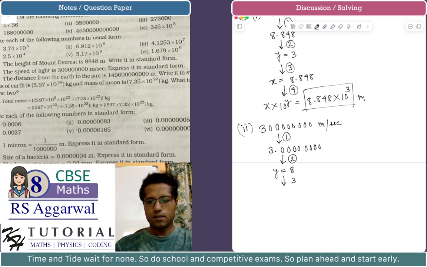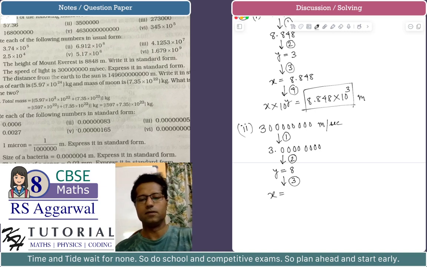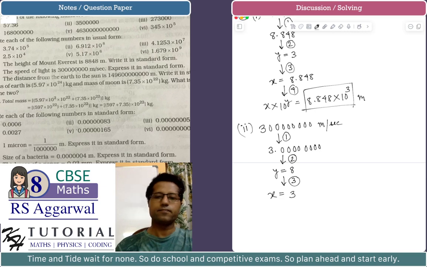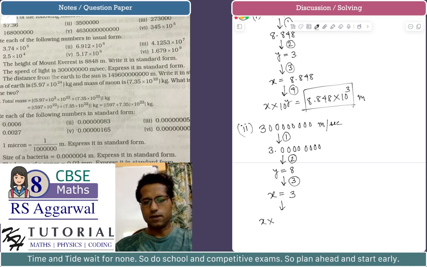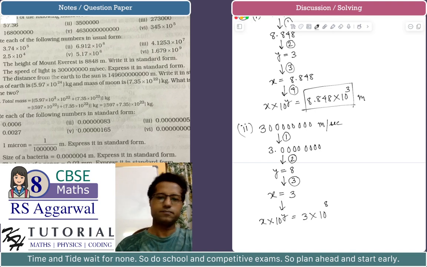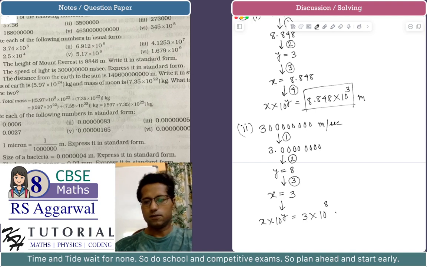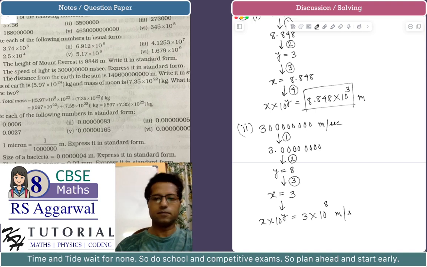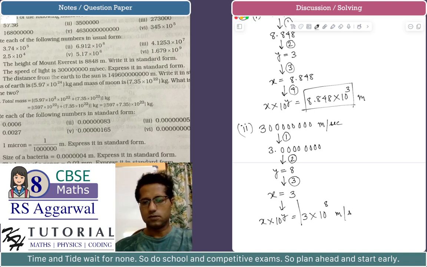Now we obtain x as the number obtained after step 1, but ignoring all the trailing zeros. So we have 3. So the standard form will be x multiplied by 10 to the power y, that is 3 multiplied by 10 to the power 8 meter per second. So this is the speed of light in the standard form.